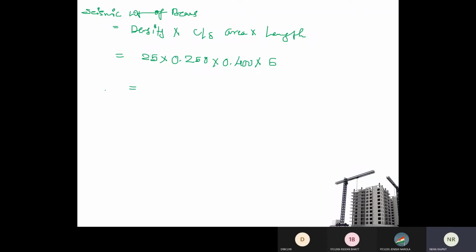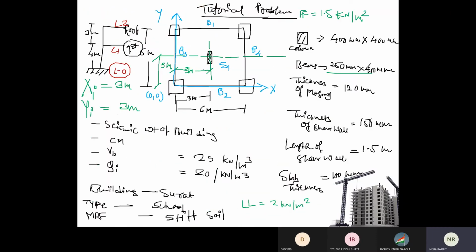Let's find the seismic weight of beam B1. Do the calculation for B1. 15, yes, 15 kilonewton. Now you have all the other beams, B2, B3, B4, of the same cross section and same length.